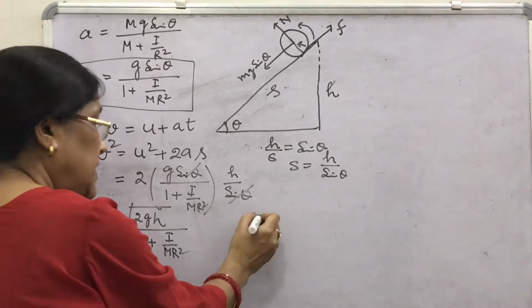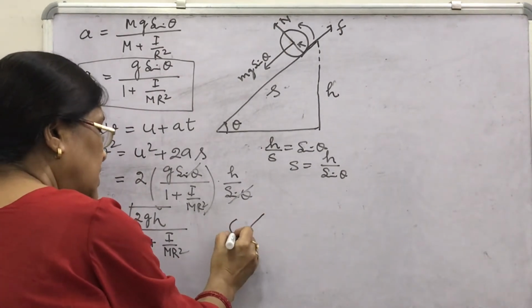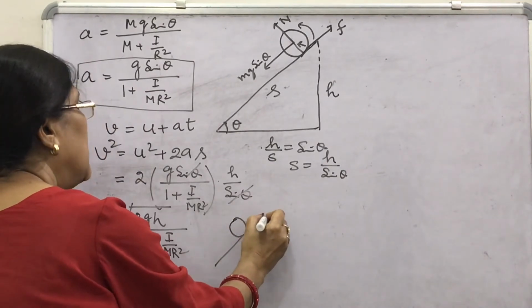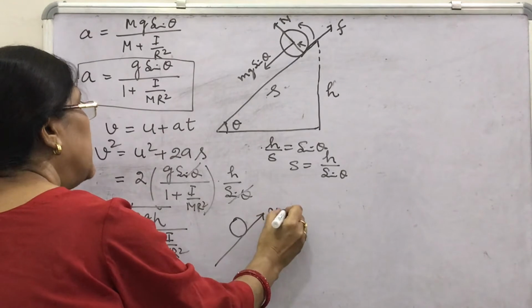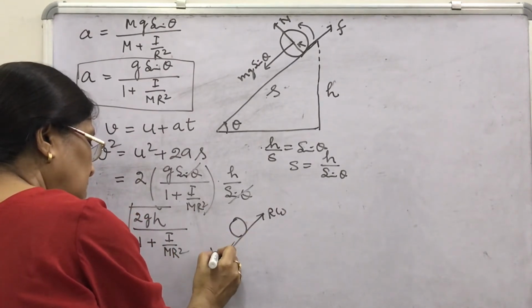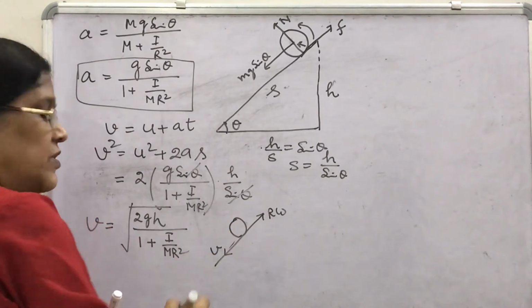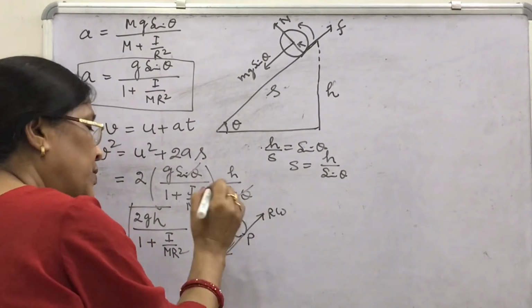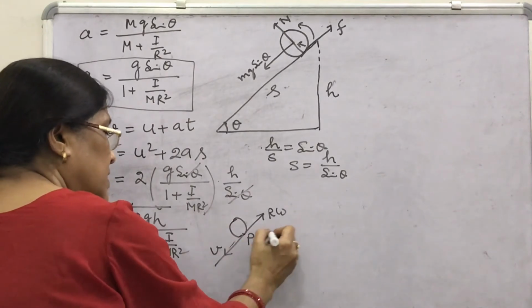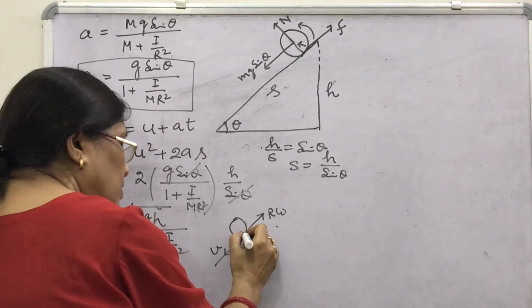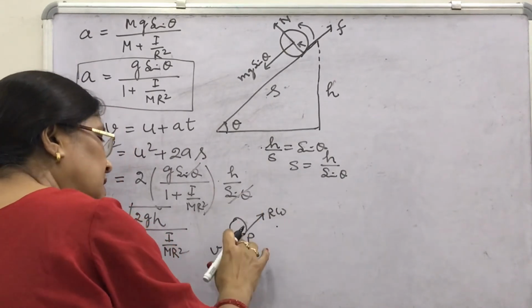Again, we have seen that for the motion on an inclined plane, due to the friction, the r omega is the velocity in the upward direction, and in the downward direction, velocity is v. And at the point of contact for pure rolling, what we have got? The lowermost point must remain at rest.